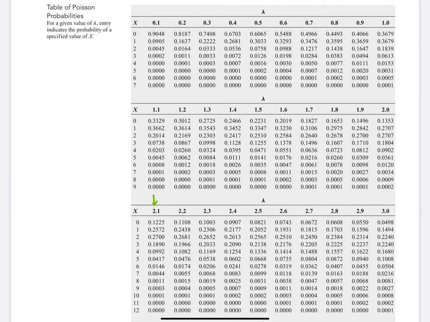And then I'm interested in the probability that x is 0. In this case it is 0.1225. The probability that x is 1 in this case is 0.2572, and then the probability that x is 2 is 0.27.